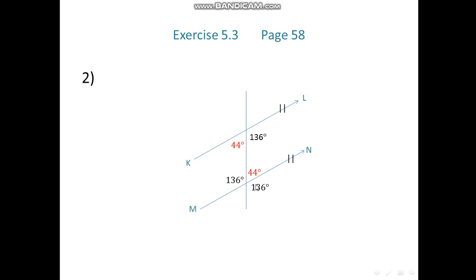This one with this one is corresponding, in the same sides of the intersection. So this equals this because they are corresponding. This equals this because they are interior alternate. And this equals this one because they are opposite. Can somebody tell me how much is this one here? It's also 44 because they are opposite here, correct?